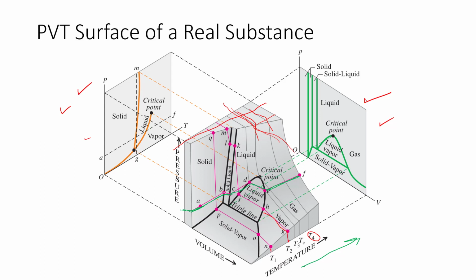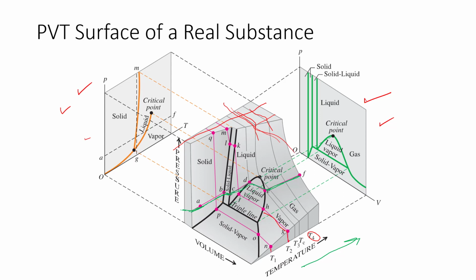From A to B it would be in solid phase, and at B we will have phase transition. Then from B to C there would be equilibrium of solid and liquid phases. We'll have both solid and liquid phases, and at point C the phase transition completes. Now everything will be in liquid phase, so between C and D we have everything in liquid phase.